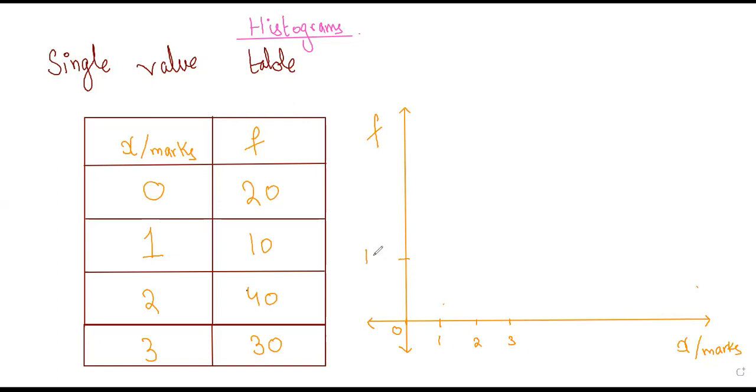So this is 10, 20, 30, and then that is 40. Now for 0, let's talk about the second one first.